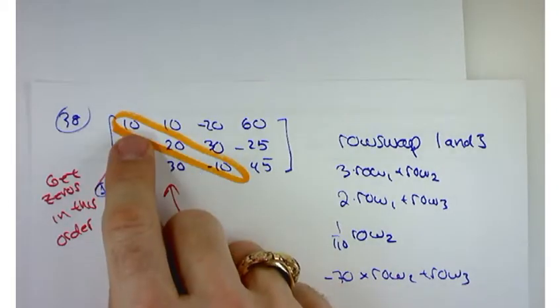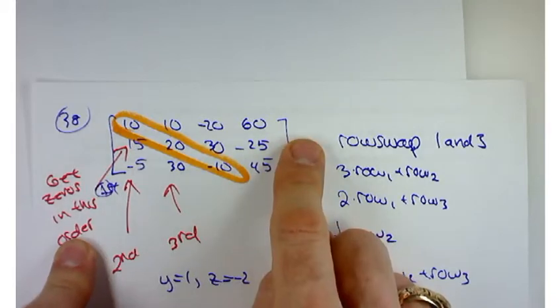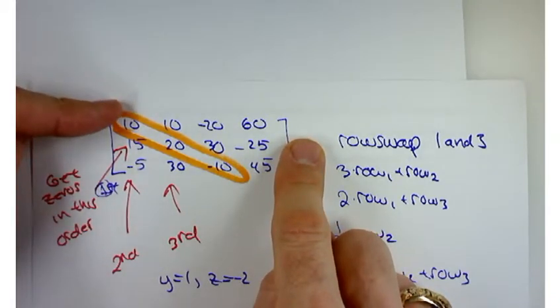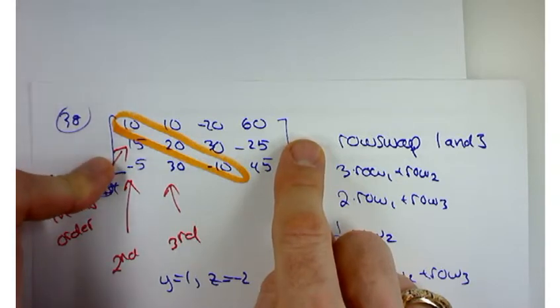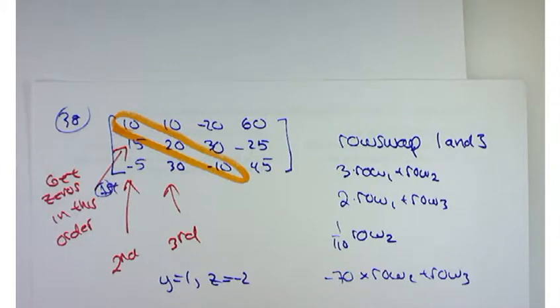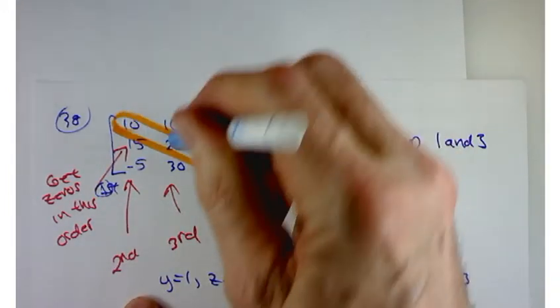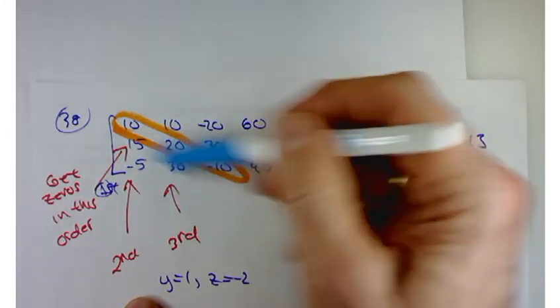Another approach would be to divide this whole equation by 10. Then you have a 1 here, and then you can say, okay, negative 15 times the first row would give me a 0 here. So there's a couple different ways we could have done this. I just chose one. So what you want in these positions, here and here in particular, is numbers that can help you get zeros for the ones below it.